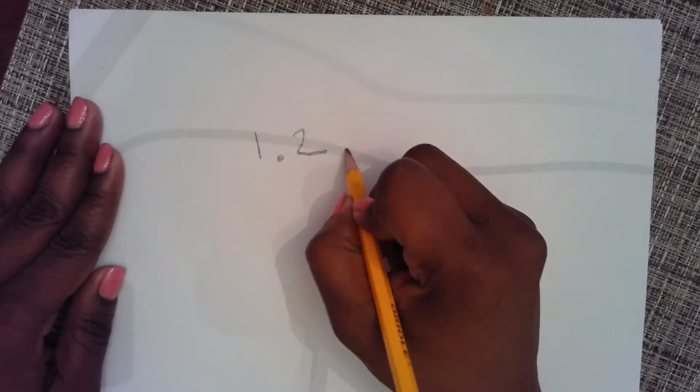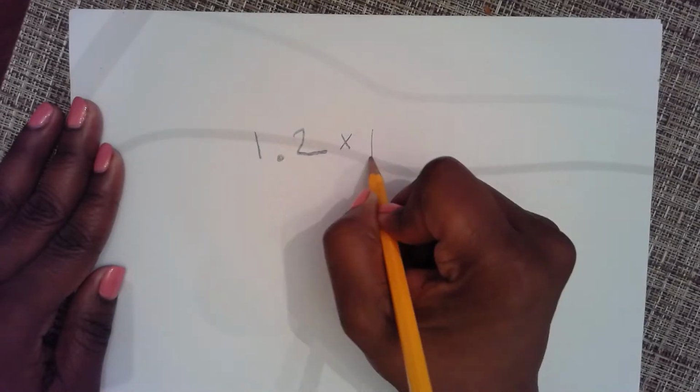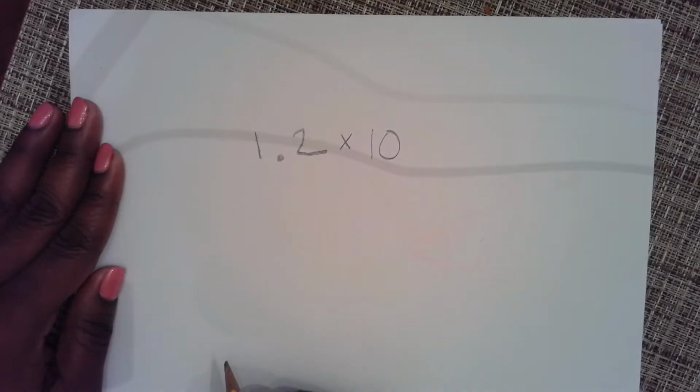For instance, if I had 1.2 and I multiplied by the power of 10, where would my decimal move?